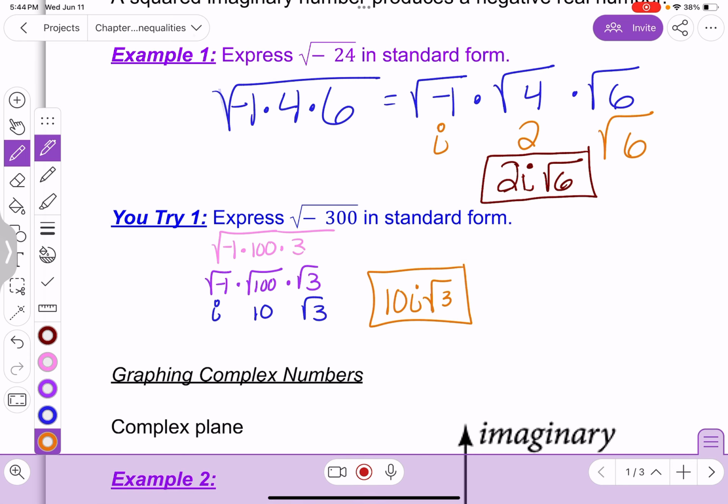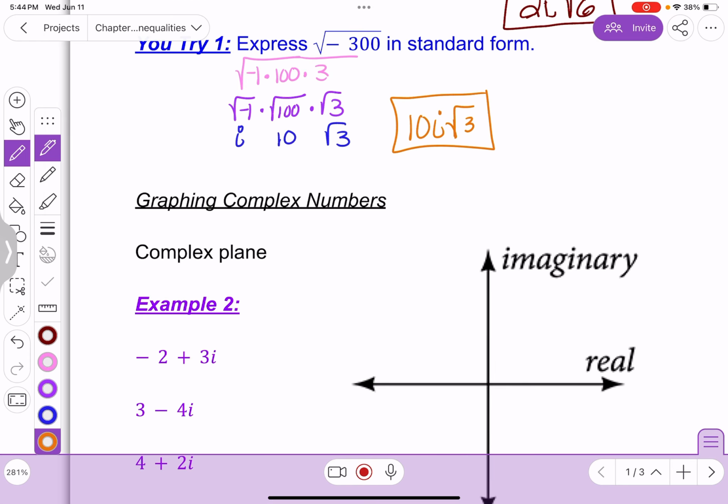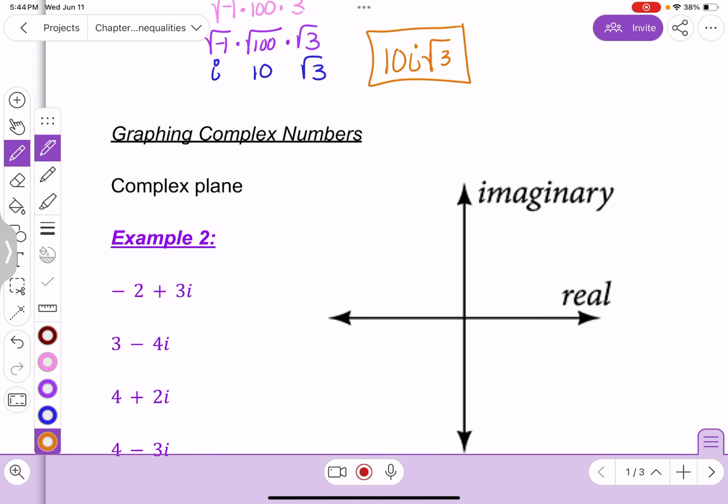So there you go. When we graph complex numbers, we call this the complex plane. Instead of the x-axis and y-axis, we have the real axis and the imaginary axis. So instead of the x and the y, we think of the x like the real part and the y like the imaginary part.